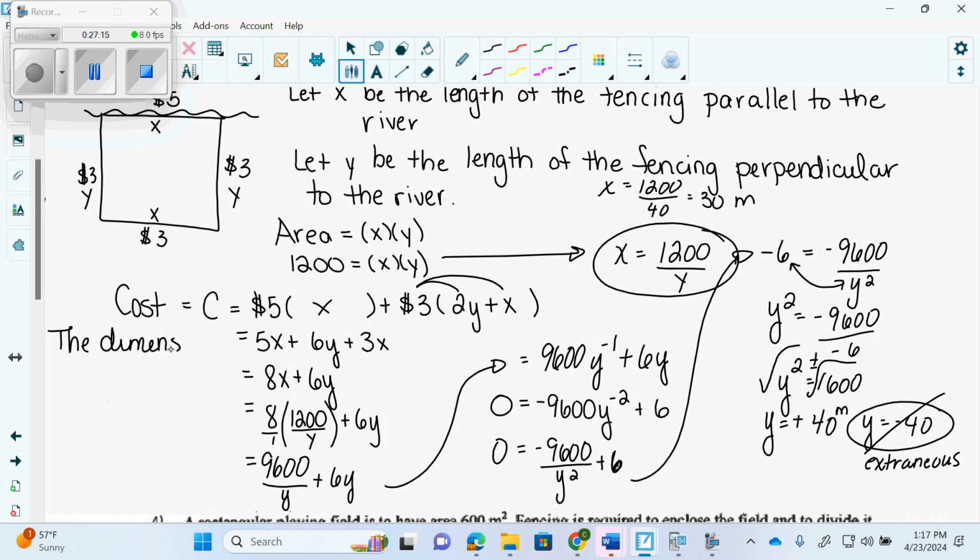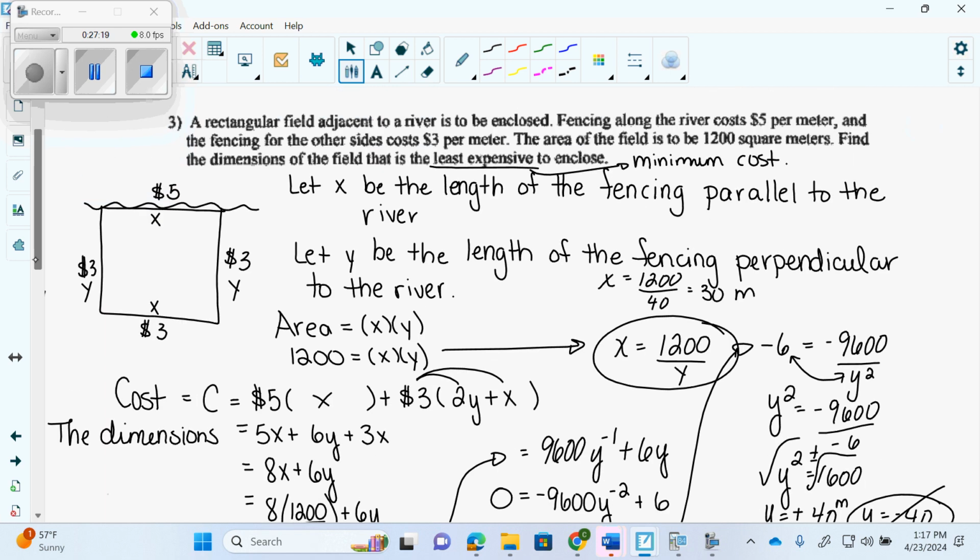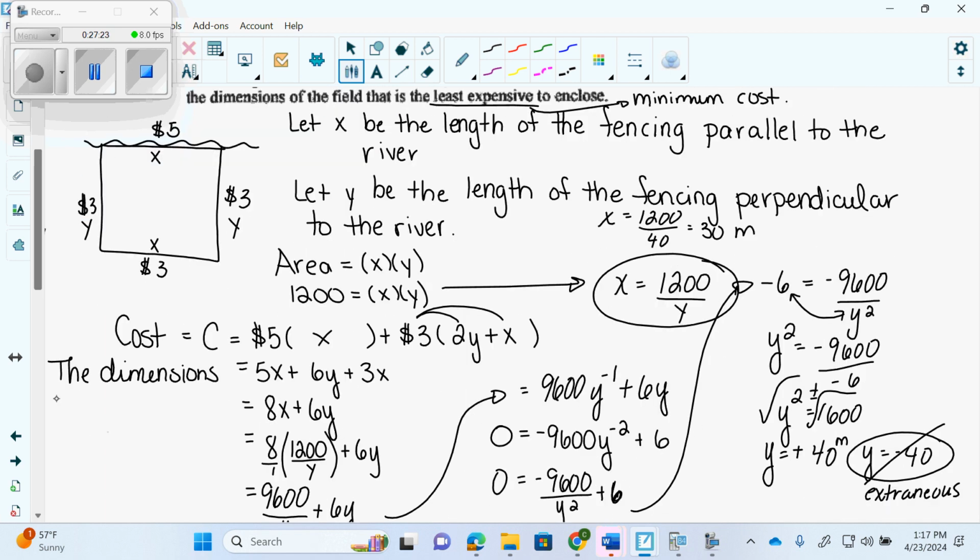So the dimensions of the field that is the least expensive to enclose are 30 meters by 40 meters.